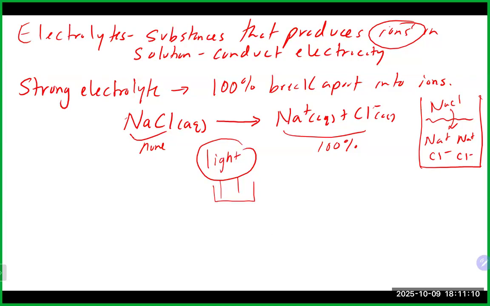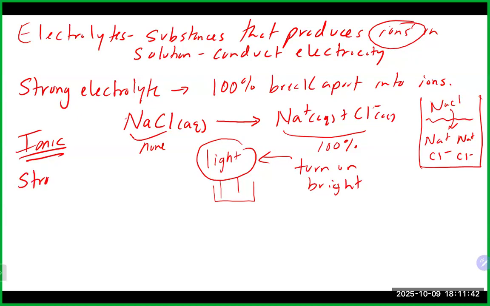If you put that electrode into a strong electrolyte solution, your light bulb will turn on and be very bright, because there are a lot of ions in that solution, and it helps conduct electricity and complete the circuit. Now, most ionic compounds in solution are strong electrolytes. They will break apart.